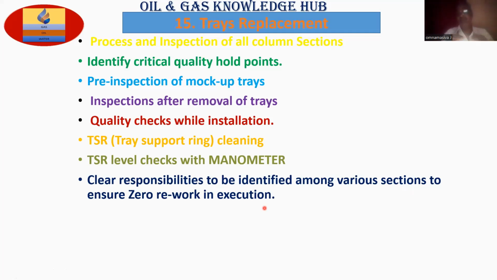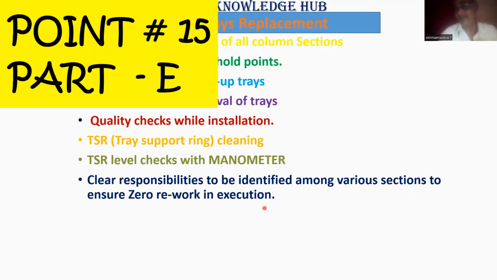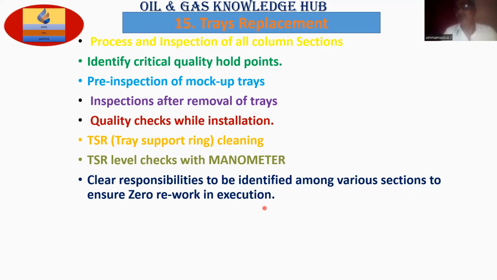That means you are installing from bottom to top, upwards. If you forget something, tightening or some fasteners inside, and you come up to the next level, you are closing the first level and going to the next level. So again you have to go back, it is a rework.